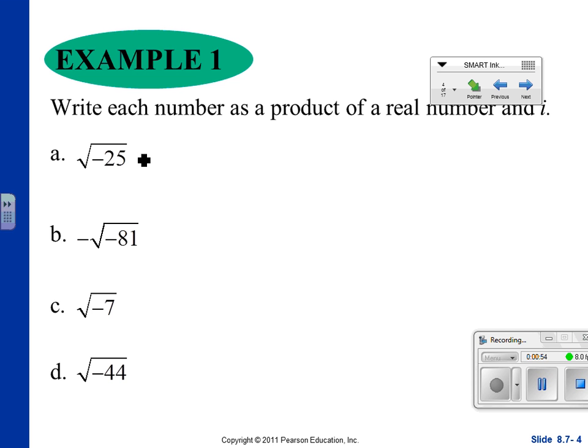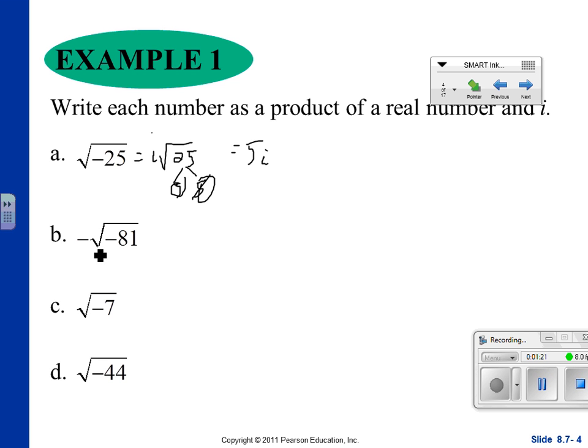So for these examples, our first step, you pull out an i since we have a negative and a square root. And then square root of 25, do a factor tree if you need it. 5 and 5. Circle, circle, kill. So we end up with 5 and i. Answer is 5i. Same thing here. We have a negative, so we're going to pull that out on the outside.